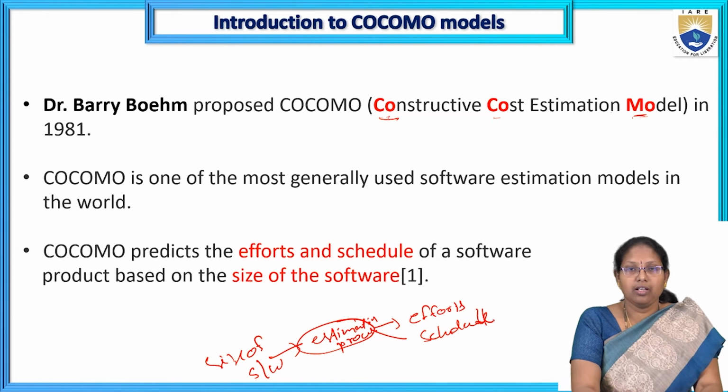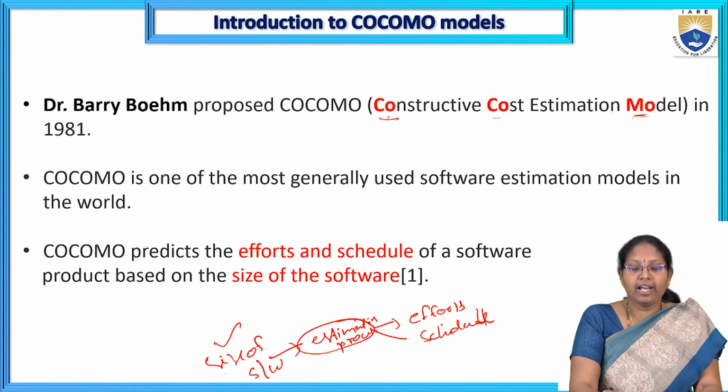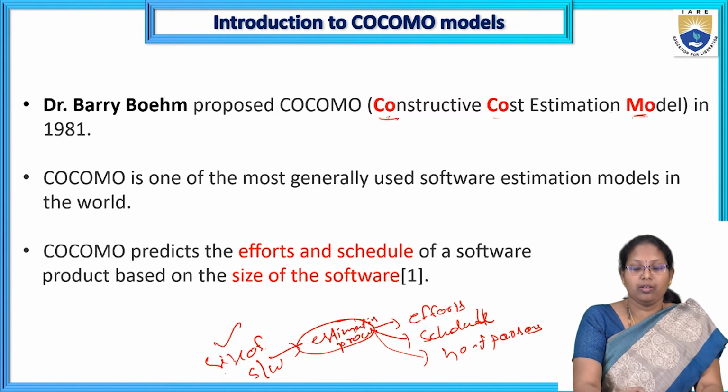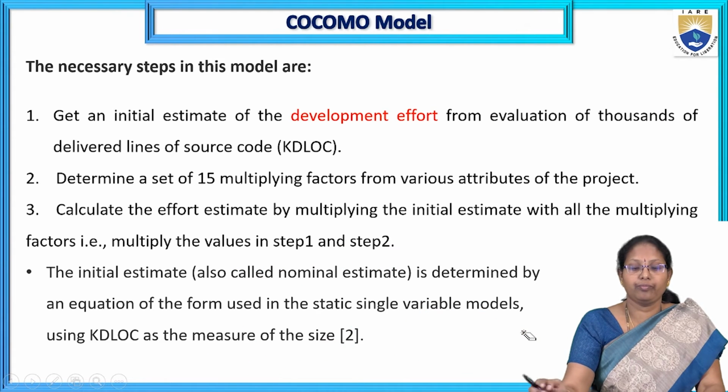These are the outcomes, and this is the input of the estimation process. The COCOMO model takes the size of the software as the input, and the effort, schedule, as well as the number of persons are also known by using the COCOMO model in the estimation process.